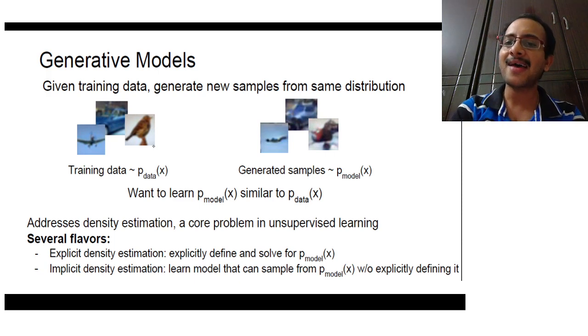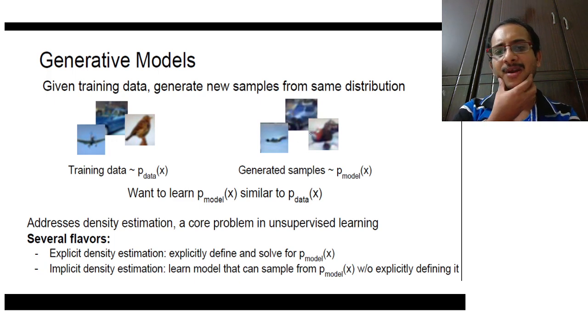If x represents any data point or data sample, then p data of x is the probability density of the data. Through any model we may not be able to capture the true density, but if we capture a model density p model that is close to p data, and we sample from it, we will be able to get a large number of images.